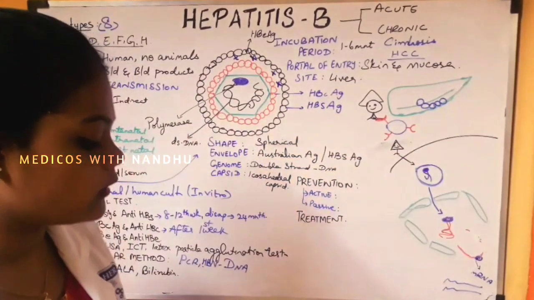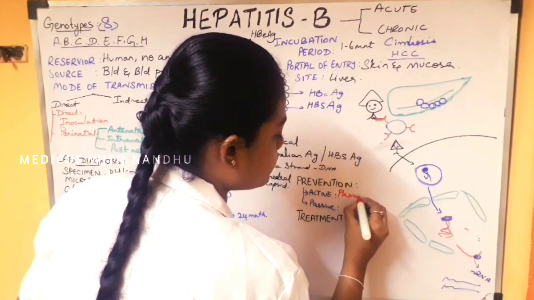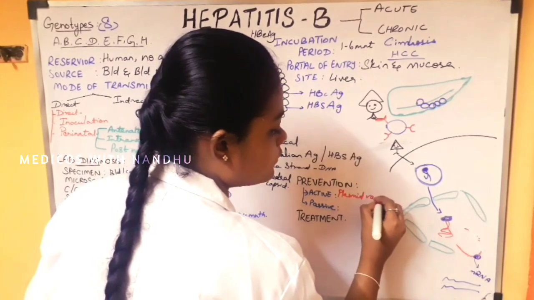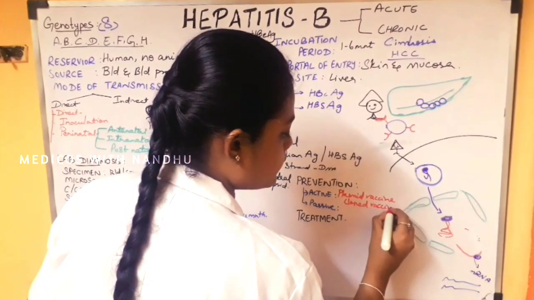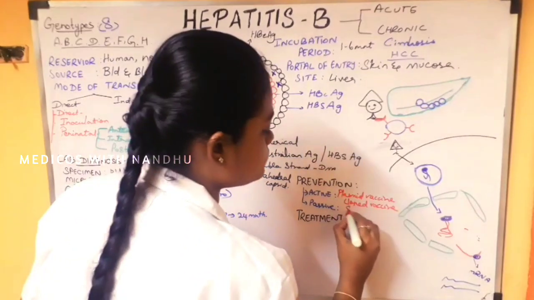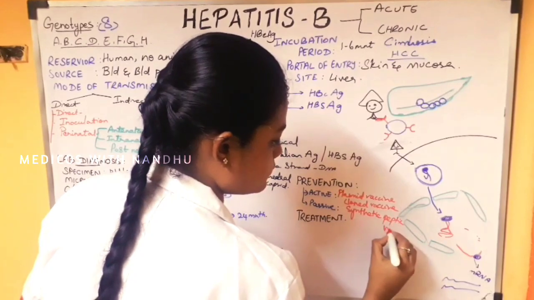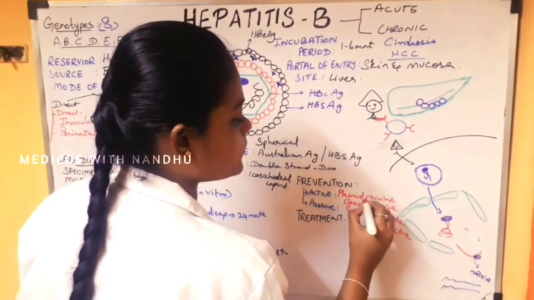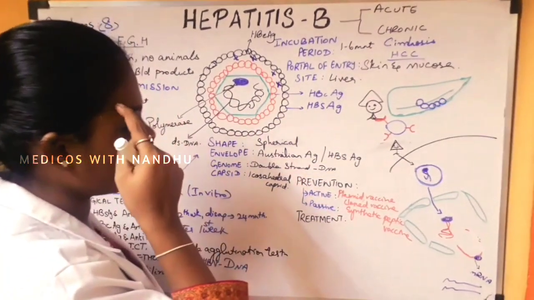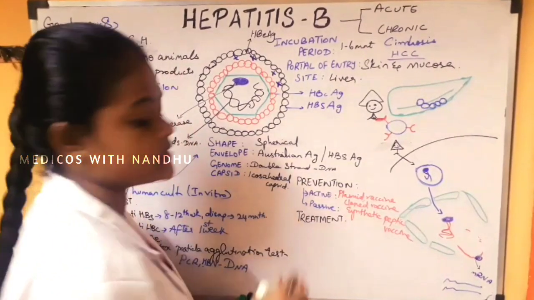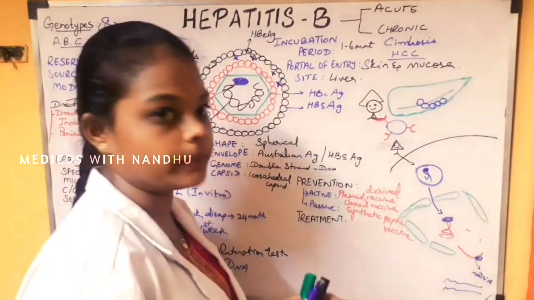Active immunization can be done by plasmid derived vaccine, cloned vaccine and synthetic peptide vaccine.